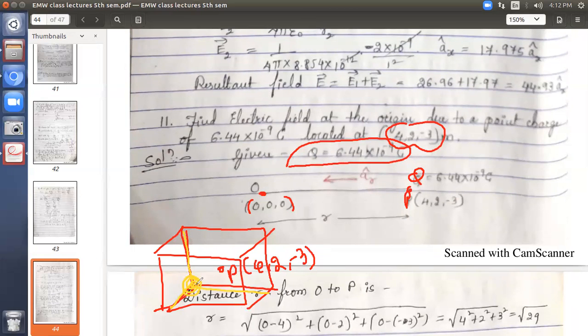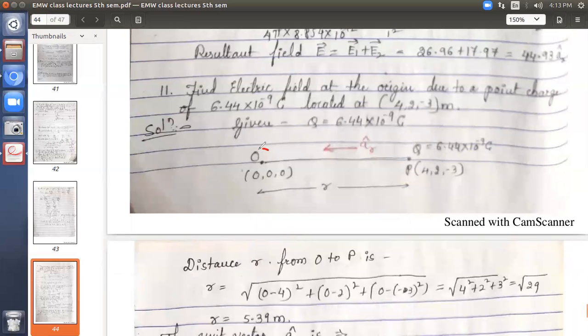Point is given to you. This is the corner, it is the origin. So we need to find the field at this corner. What is the electric field intensity due to this charge Q which is at point P? This is how the question is.